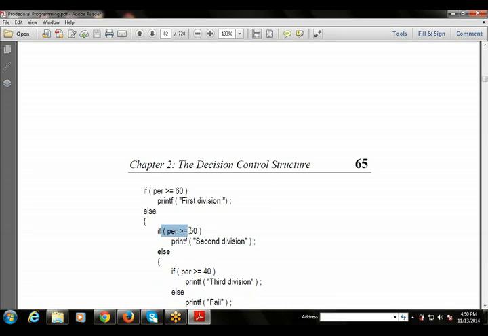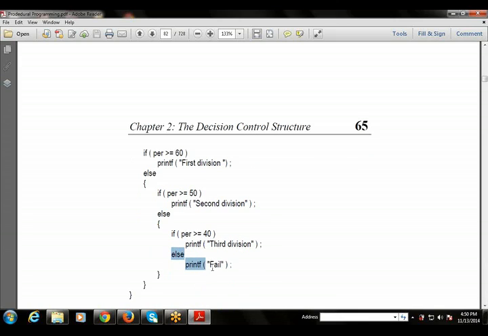Else, if the percentage is greater than or equal to 50, then print the second division. Otherwise, this is the else part. Within the else there is another if else condition. Else, if the percentage is greater than or equal to 40, print the third division, otherwise fail.